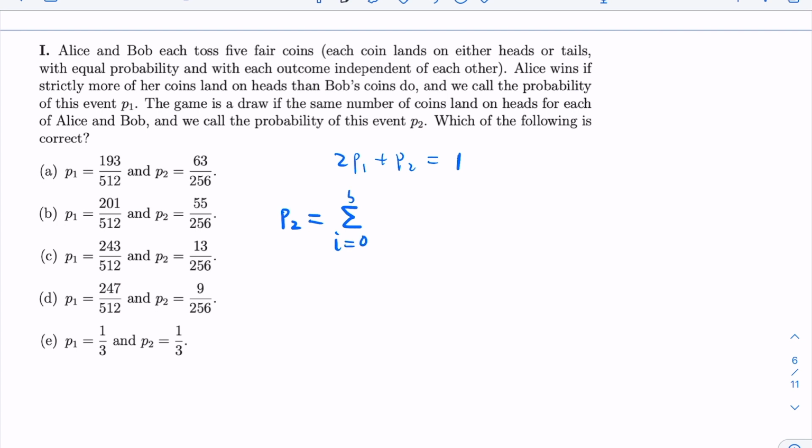It could be 0 to 5, and the probability that Alice's count equals I, with this probability, times the probability that Bob's heads also equal I. In the case where the coin is fair, with a total of 5 coins, the probability of equaling I would be 5 choose I times 1 over 2 to the 5th power.